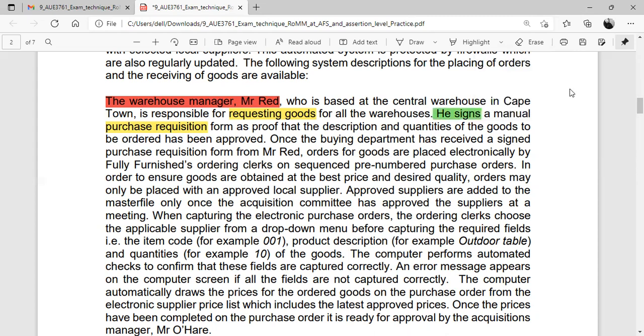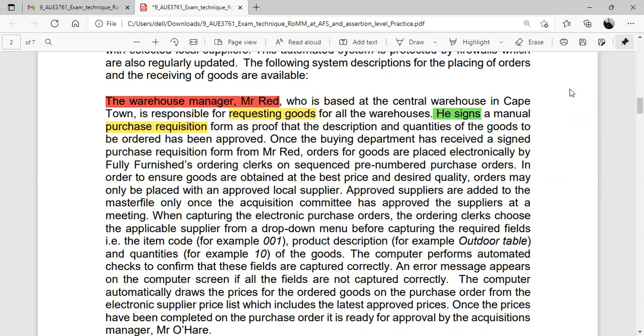If I find a requisition and they tell me that an order has been placed, when I test a control, I'll look for the signature, because if I don't find a signature, it means that this order that has been placed is not valid. You get what I'm saying? It could be a fictitious order. It could be an order that Mr. Red has placed for his personal household.